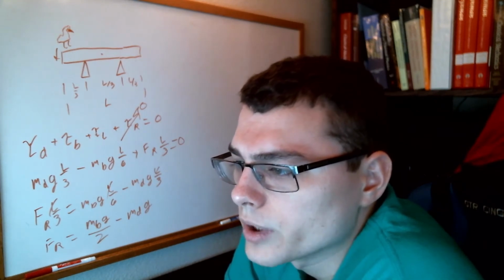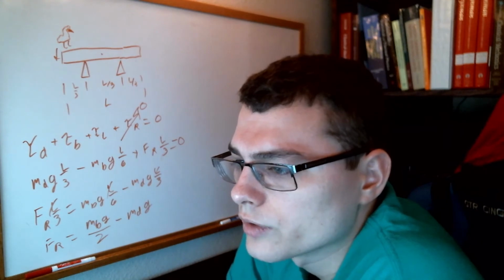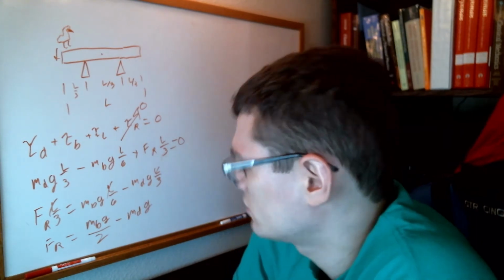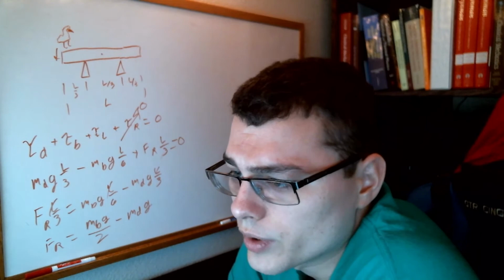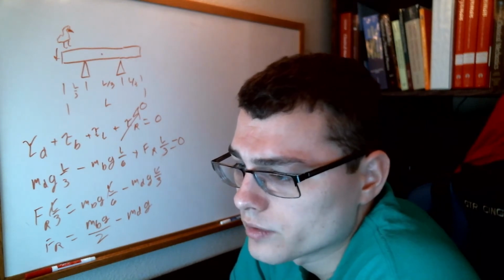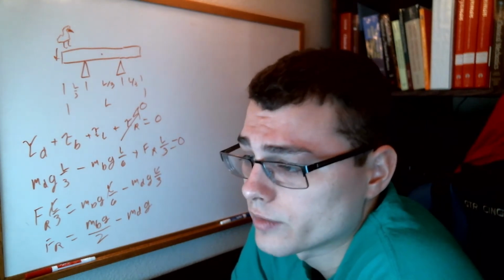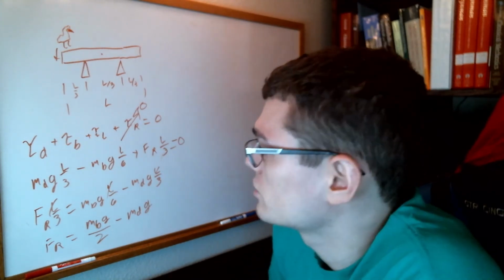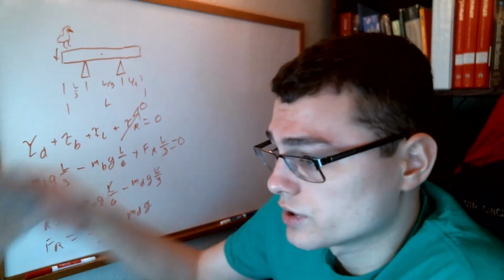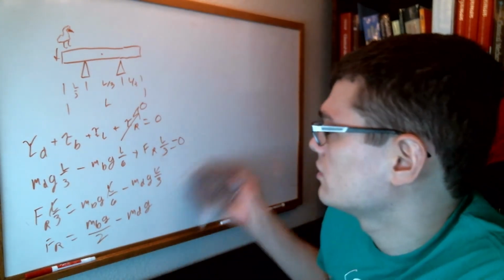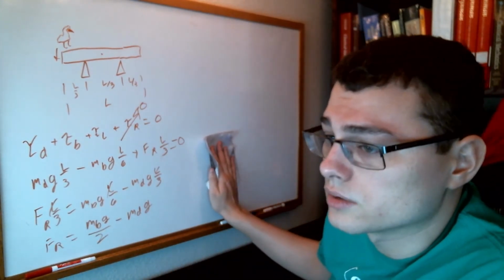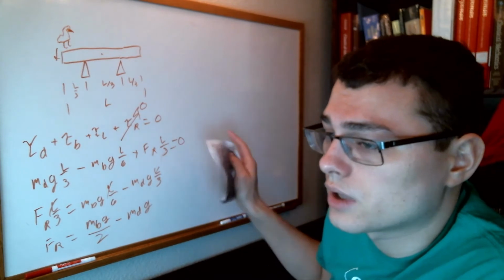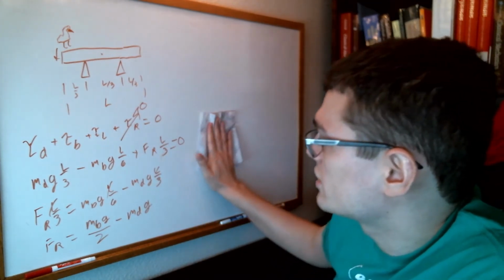Yeah, we used the left pillar as the pivot point from before to find that FR is equal to that. However, we could have used the right pillar as a pivot point instead. And so now we can demonstrate that we're using the right pillar as the pivot point, and we get to cancel out tau R instead.